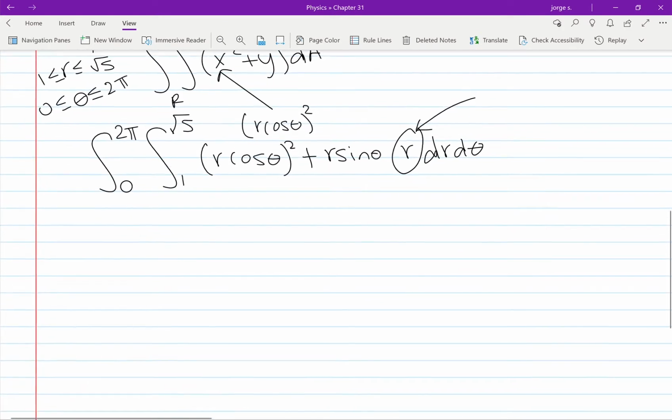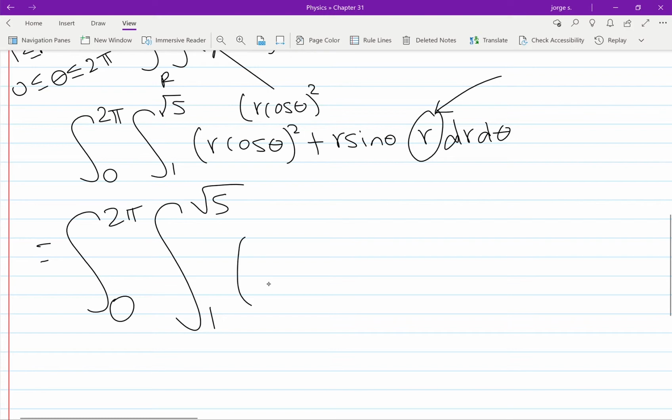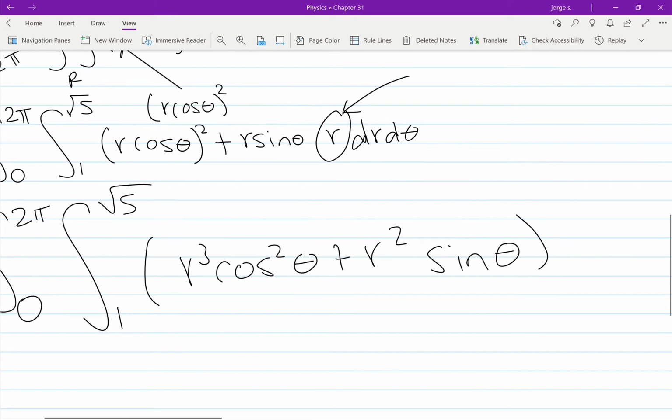So now to evaluate, we'll use this. So be patient with me, guys. This is a pretty long integral. But you'll see the benefits of converting it from rectangular to polar.